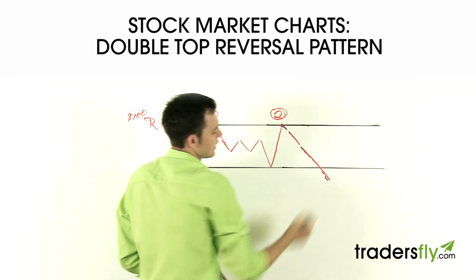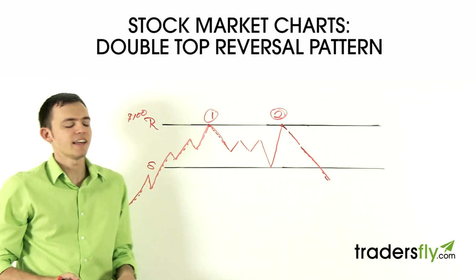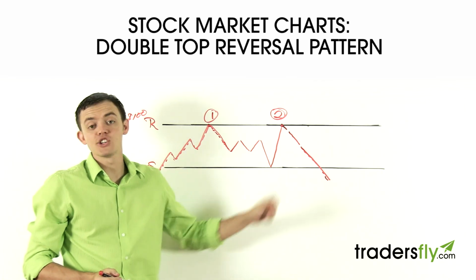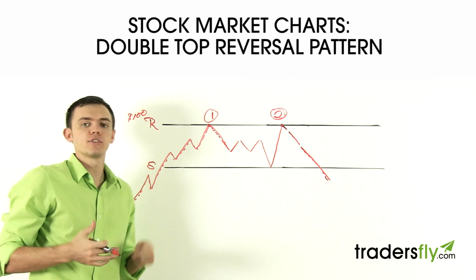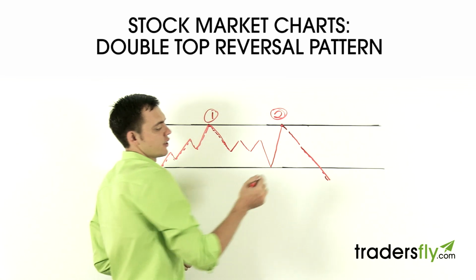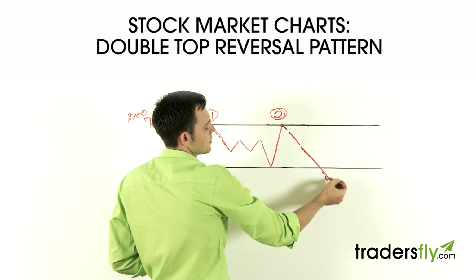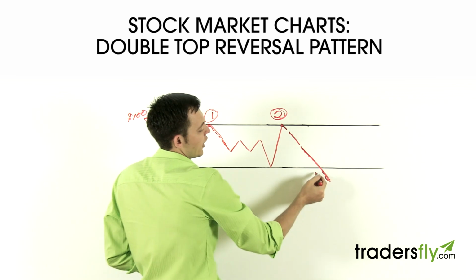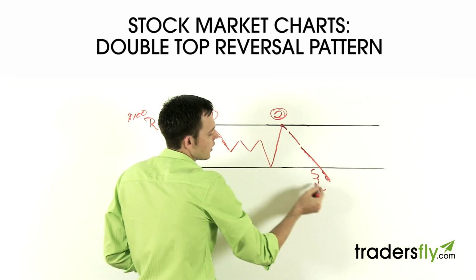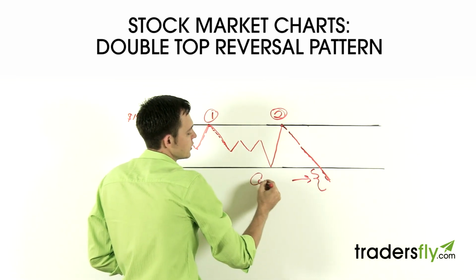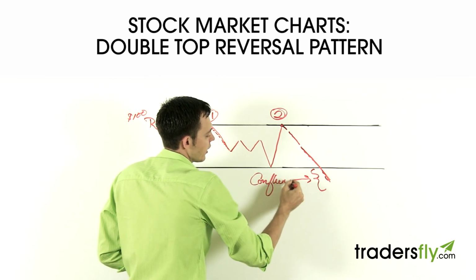Now, one thing to really be aware of is that if you're trying to enter this on the short side, or for it to go down, and you're trying to sell it first and then buy it back later, you want to be really careful because sometimes you have this area of confluence, it's called. Okay, that's a confluence area.